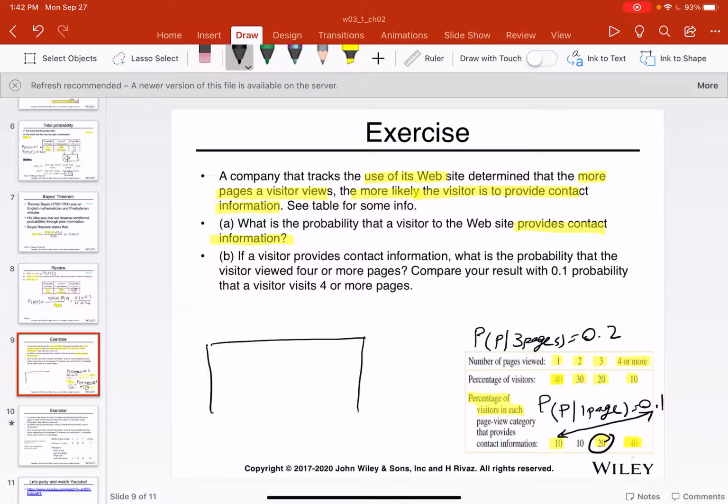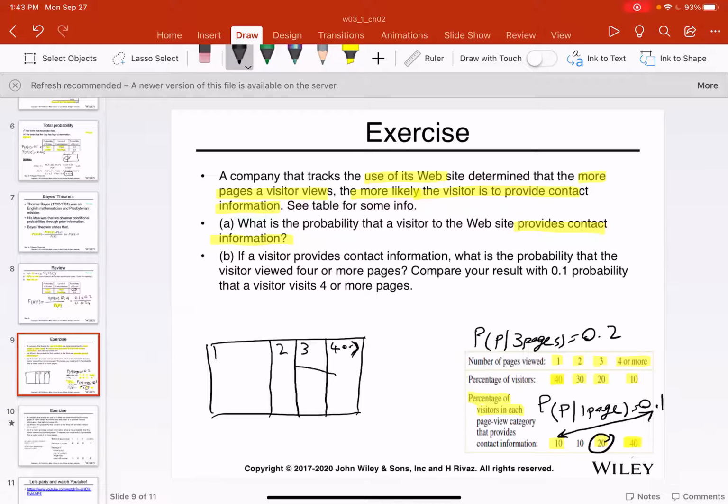So it's usually a good idea to draw a Venn diagram to make sure we understand what's going on. So a person either visits 1 page, or visits 2 pages, or visits 3 pages, or visits 4 pages or more. 4 or more, right?